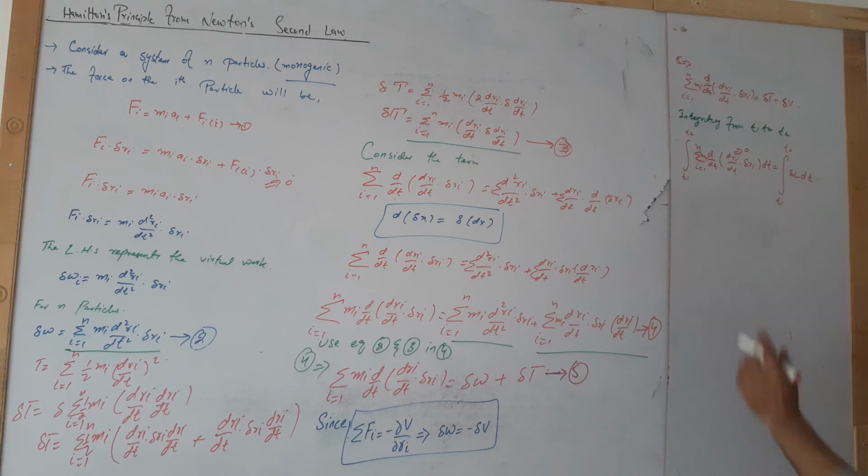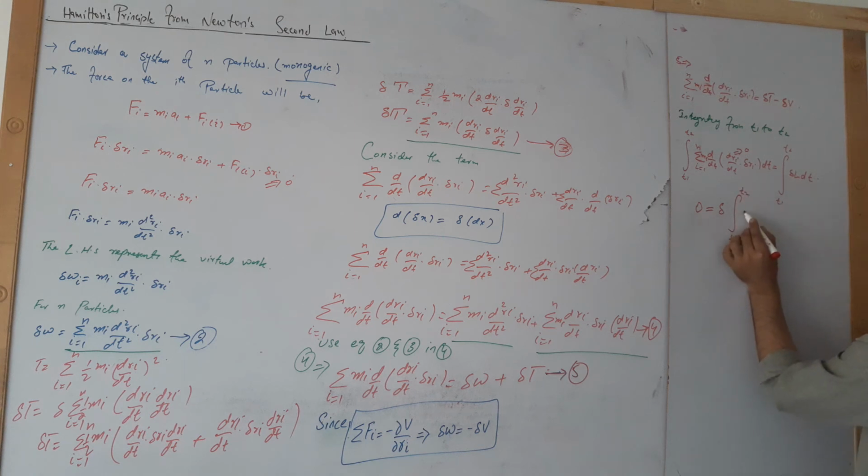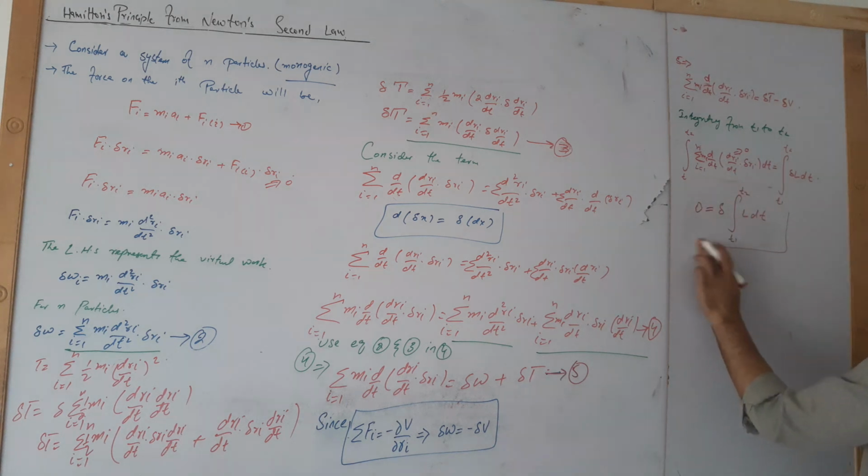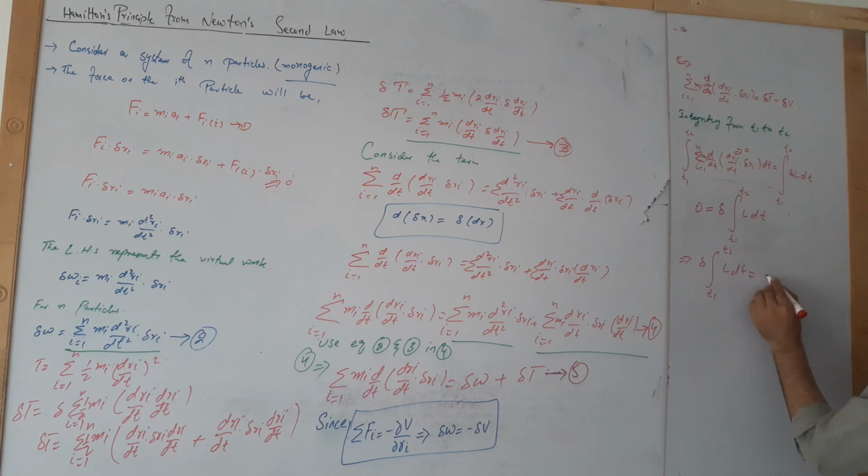So this whole integral is equal to 0, which, from yesterday's topic, could be written as delta of the integral from t1 to t2 of L dt. So delta of the integral from t1 to t2 of L dt is equal to 0, which is Hamilton's principle from Newton's second law of motion.